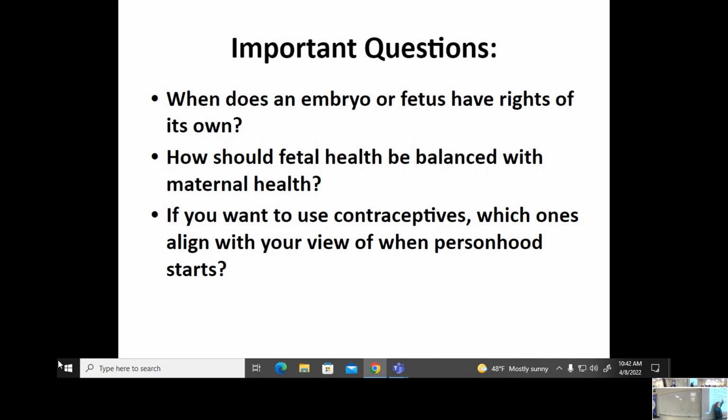And does a contraceptive cause an abortion or not? That's actually a very clear-cut question, and the answers to that are known scientifically, but there's sometimes a lot of public confusion about whether a certain contraceptive ends a pregnancy or does not. So that's leading into what we're going to look at next, which is contraceptives.